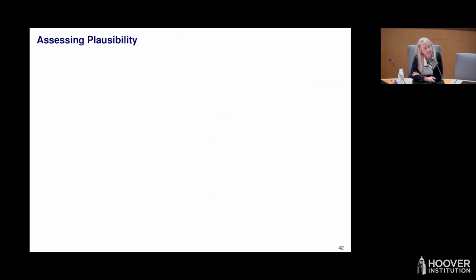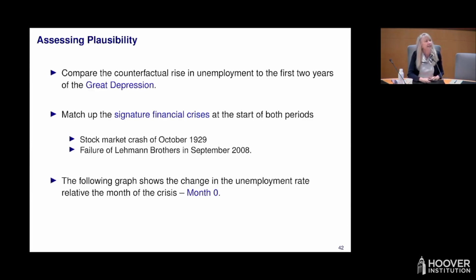So how to assess plausibility? And this is an illustration of how you have to be creative, whatever, for different case studies that you're doing. So what we decided to do was compare the counterfactual rise in unemployment to what happened during the first 2 years of the Great Depression. All right. So what we do is we match up what we call the signature financial crises at the start of both periods.